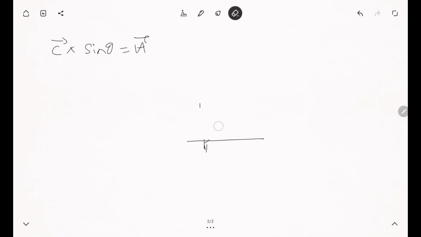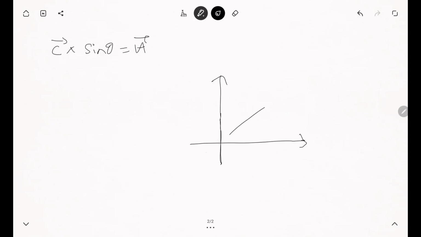So first up, we have c vector times sine theta is a vector. So how? Again, let me draw the Cartesian plane, c vector. Oops, let me just draw a slightly better diagram. Okay, and a c vector right here.